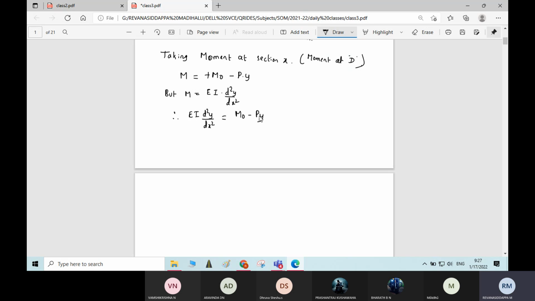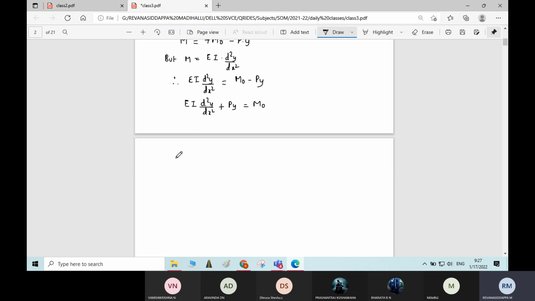Now this y term you bring to one side of the equation. I will take this minus Py to the LHS, so it becomes EI into d square y by dx square plus Py is equal to M naught. Now what is the next step, students?